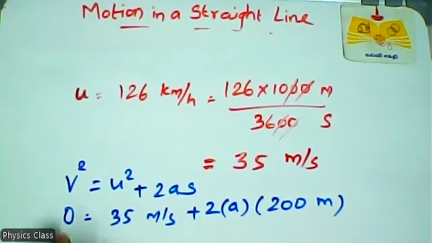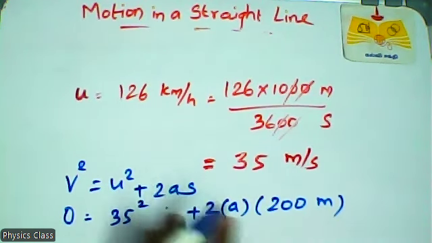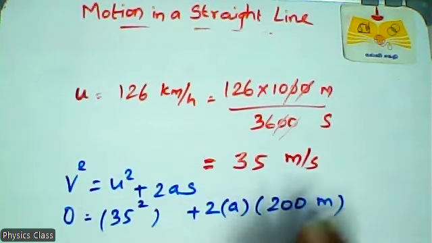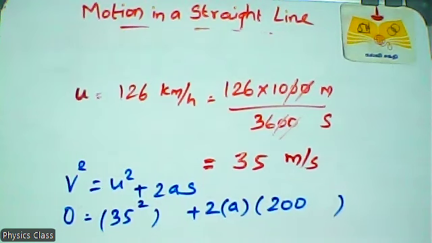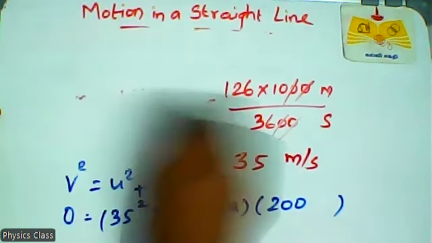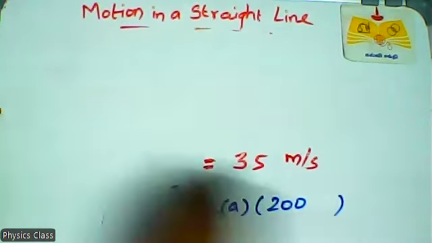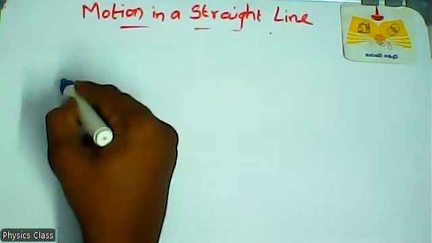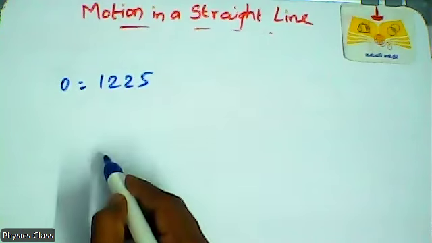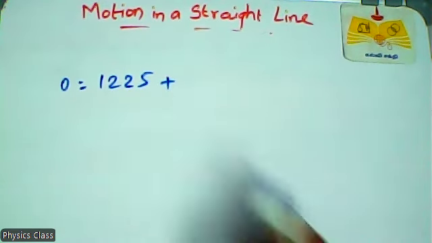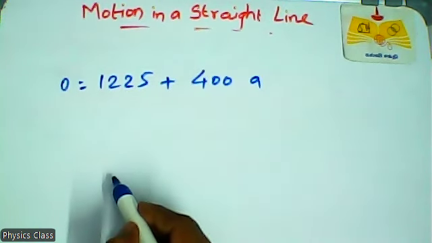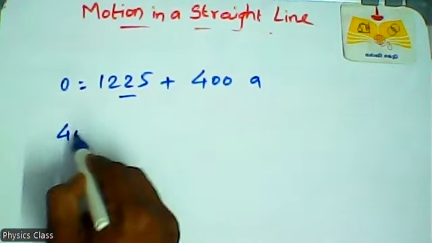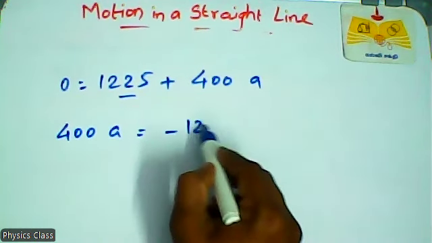So 0 equals 35 squared plus 2a into 200. 35 square means 1,225, and 2a into 200 is 400a. So 400a is equal to minus 1225.